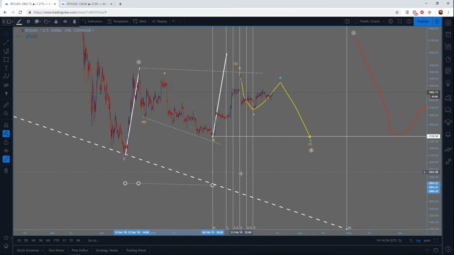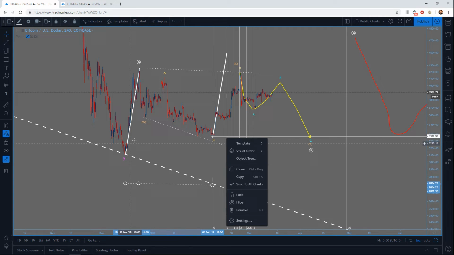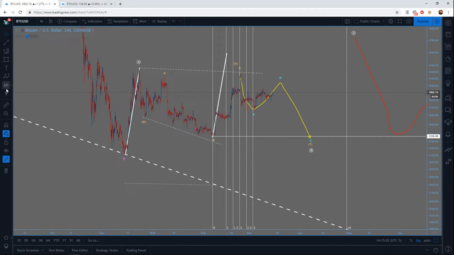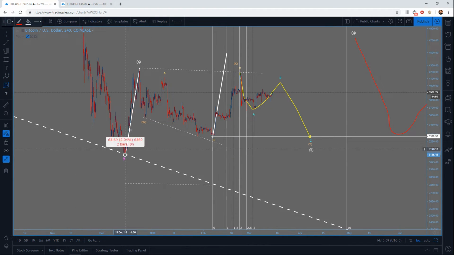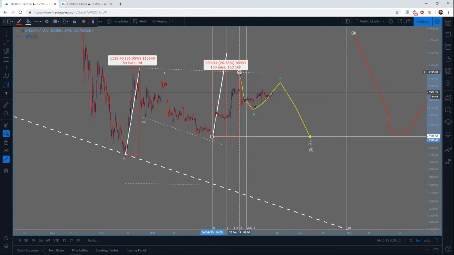And the B taking twice as long. Or excuse me, the C taking twice as long. Not only did it take twice as long, it did not cover as much in terms of price or percentage. Percentage-wise, this one covered 36%, while this one covered 25%.